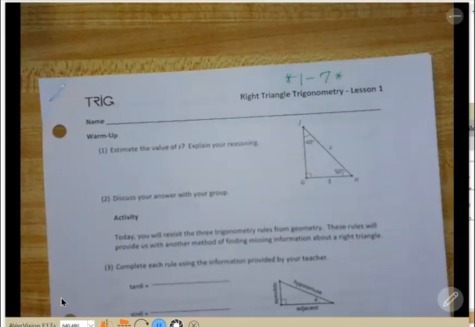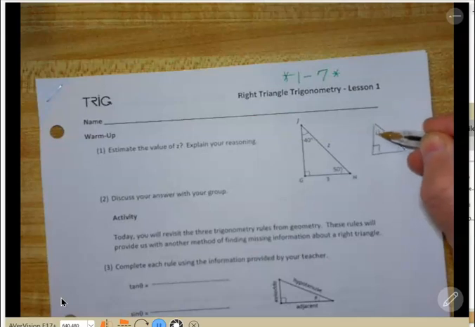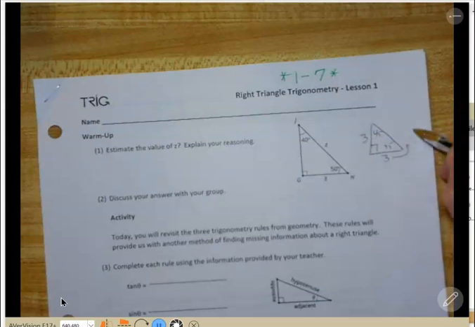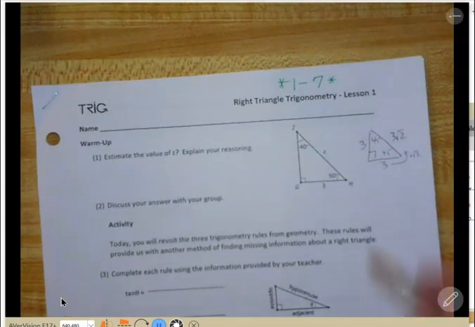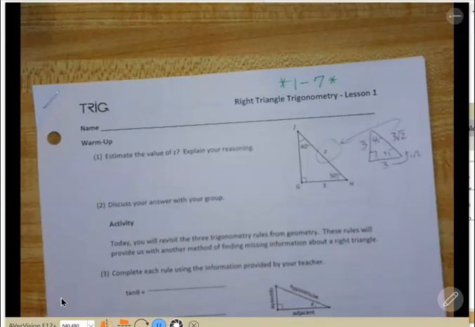But one of the things they were thinking about is the fact that we just finished a discussion on a 45, 45, 90 degree triangle, that if this was 3 and this is 3, then I would multiply the 3 by root 2 to get that answer there. So these angles here are not 45 and 45, but they're pretty close to 45. So z would be somewhere very close to 3 root 2 as an estimate.